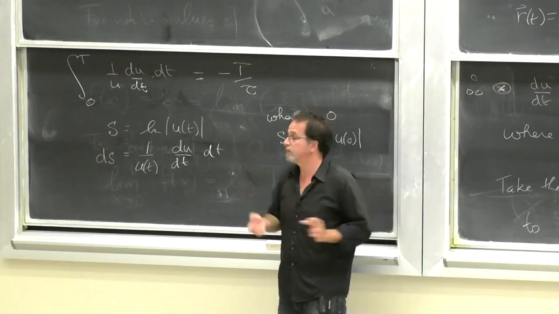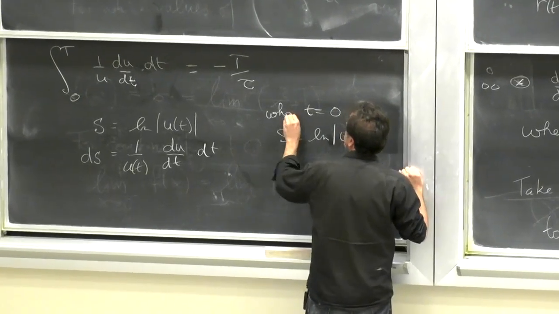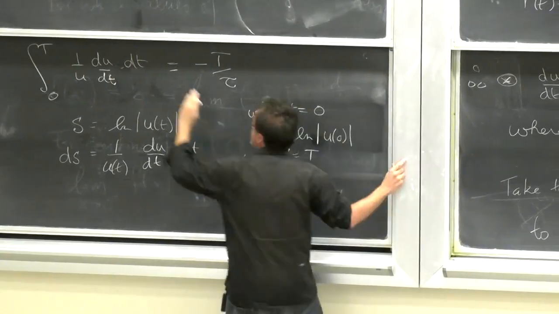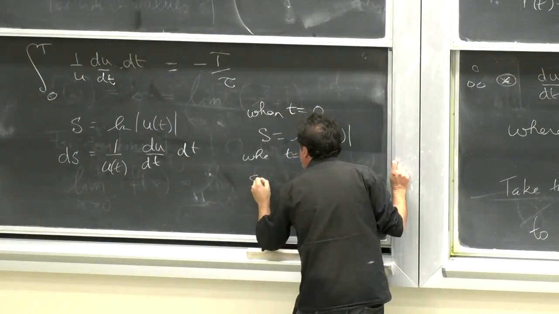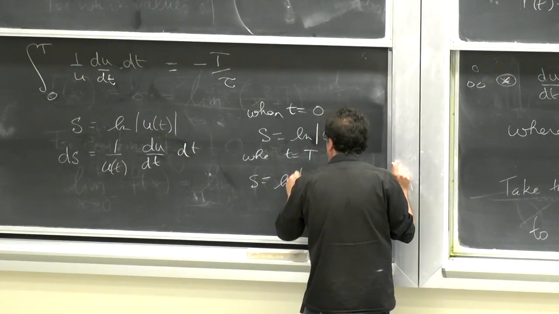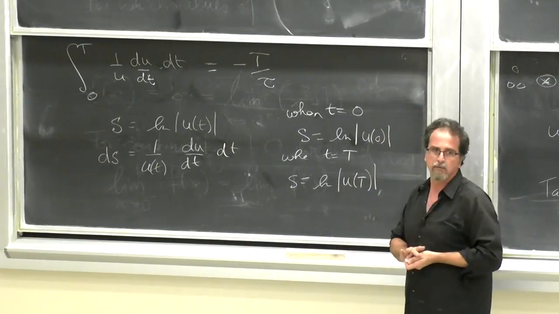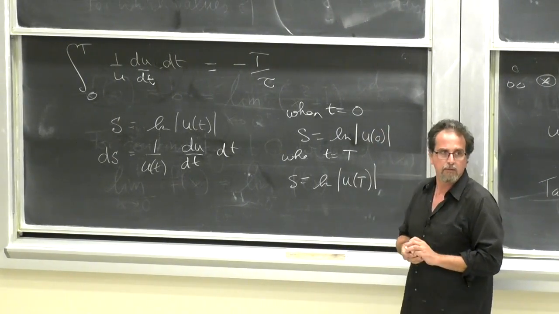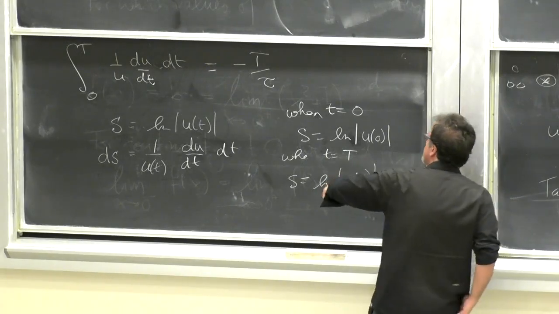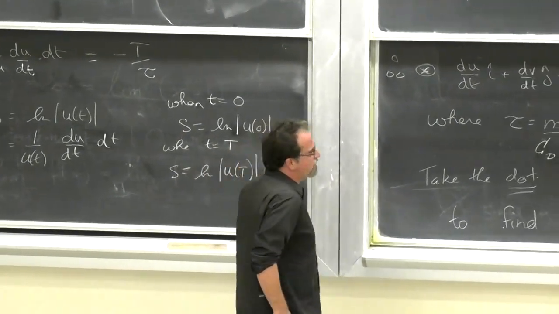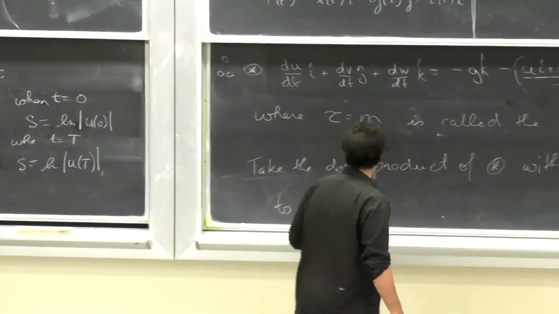When t equals capital T, the upper bound of integration, s is equal to the natural logarithm of the absolute value of u of capital T. I don't claim that you can understand this on the first go, but if you can, you get a deeper understanding of what you do when you do substitutions.